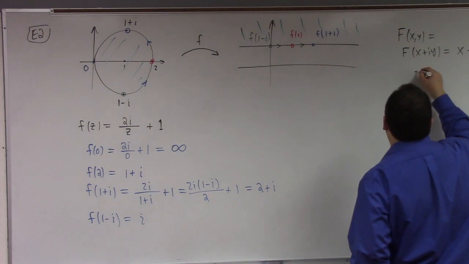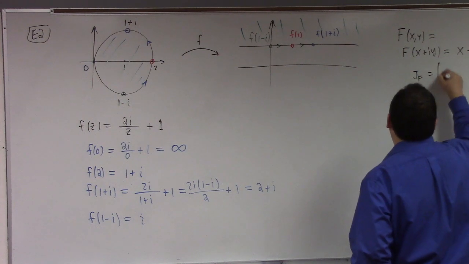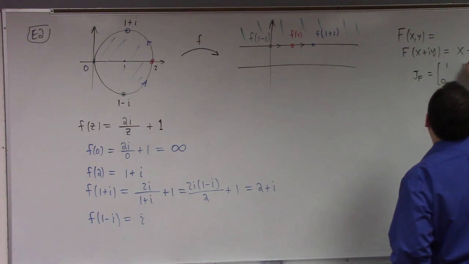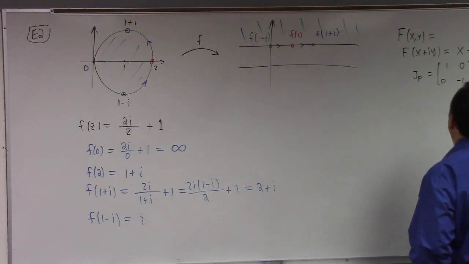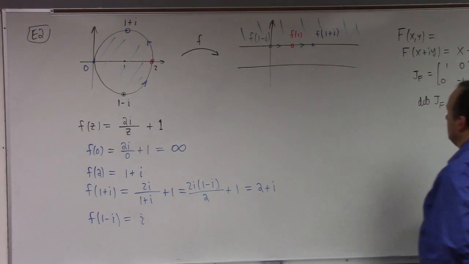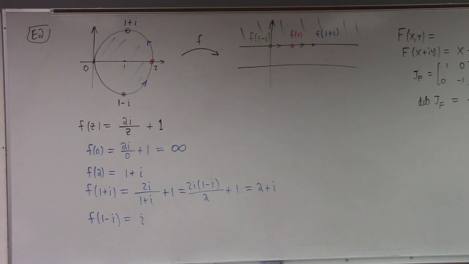Then the Jacobian of f would be like 1, 0, 0, minus 1, I think. And so the determinant of the Jacobian of that function is minus 1. Because that's not a complex differentiable map, right? That's our quintessential antiholomorphic map. So antiholomorphic maps, I think, will have negative determinants, for instance.